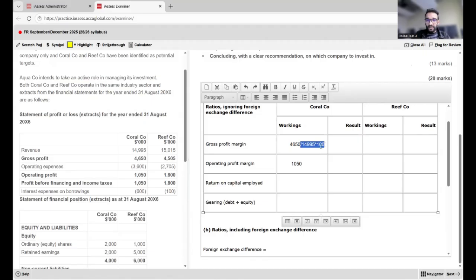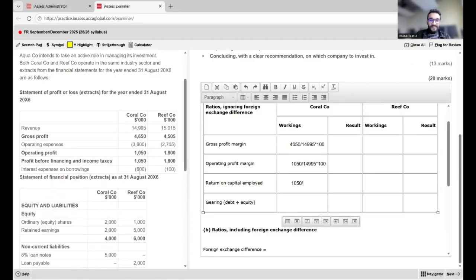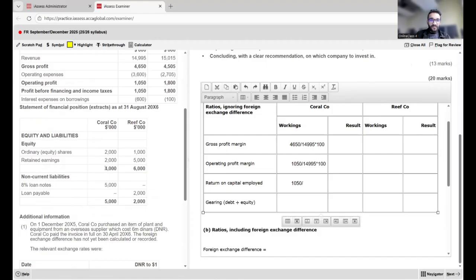If you are very good at Control C, Control V. Now, return on capital employed: the operating profit 1050 divided by the capital employed, which is debt plus equity, the 4000 plus 5000, into 100%.